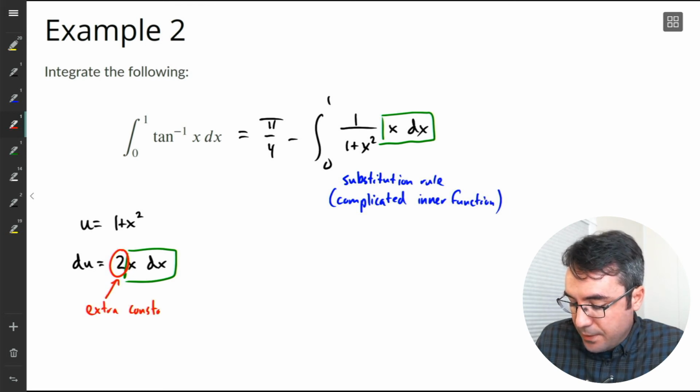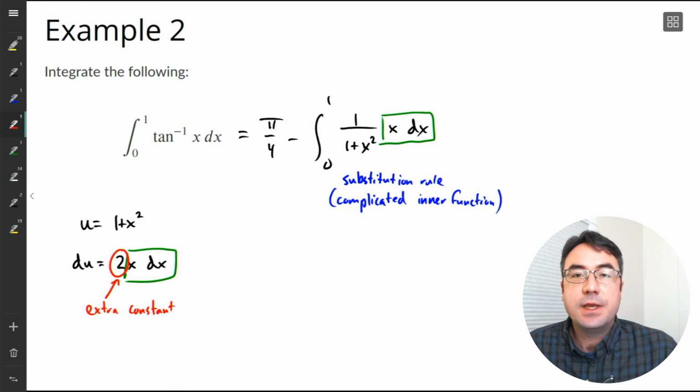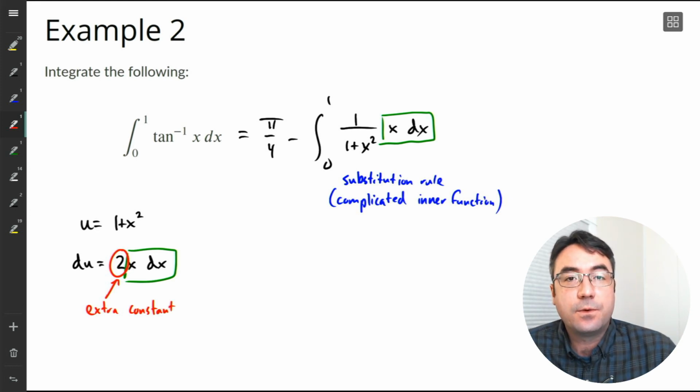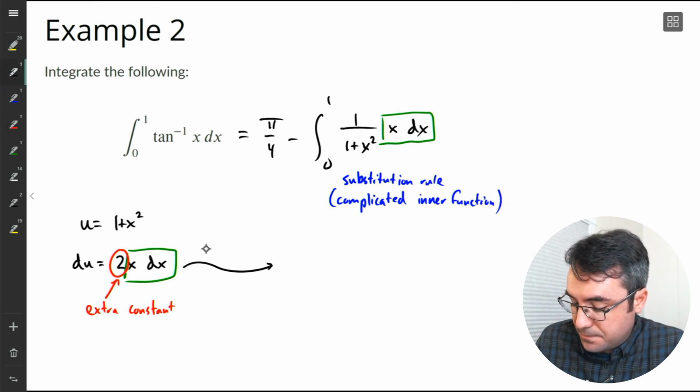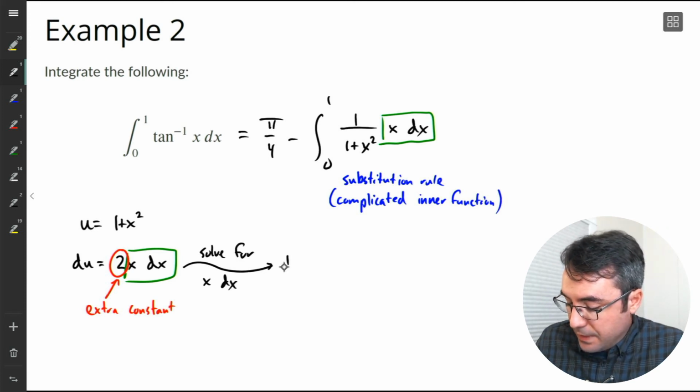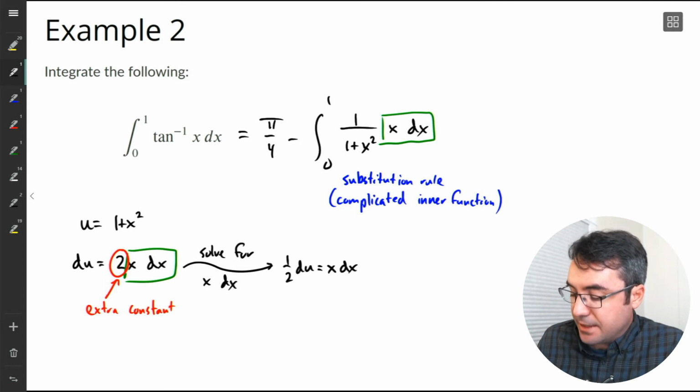And so the way we handle that extra constant is we divide by it. We solve for the x dx. And if we do that, we get 1/2 du is going to be equal to x dx.